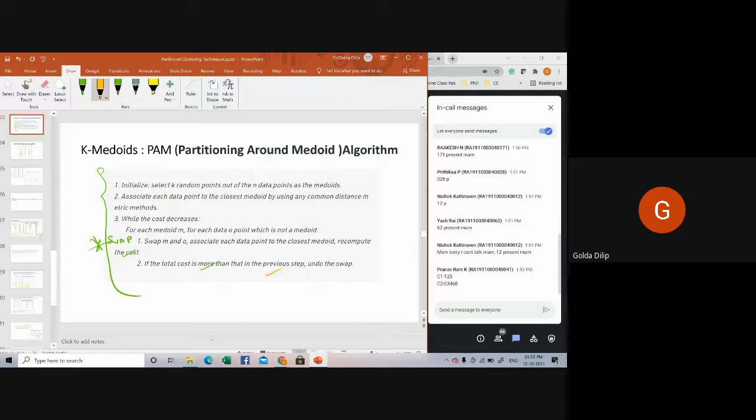So you initialize: select K random points out of n data points as medoids, and associate each point to the closest medoid by using any common distance metric. Then, as long as the cost is decreasing, for each medoid M and each non-medoid O, swap M and O, associate each point to the closest medoid, and recompute the cost. If the total cost is more than the previous step, undo the swap.